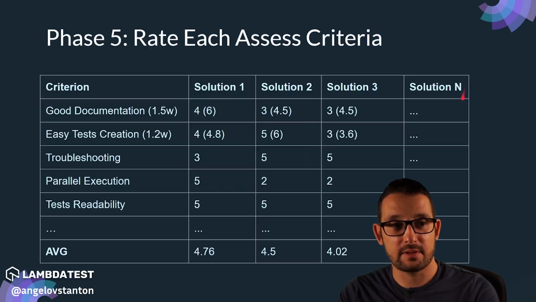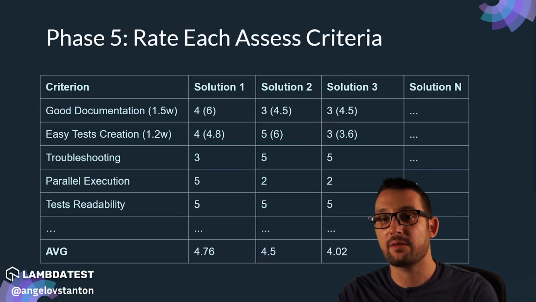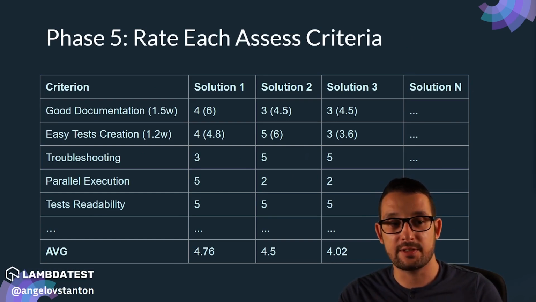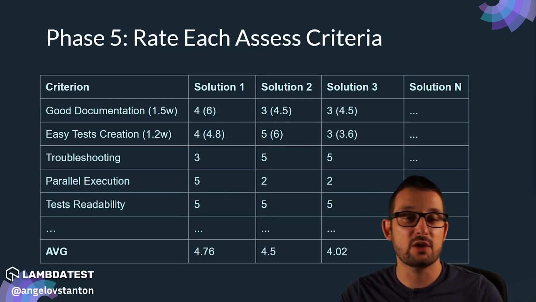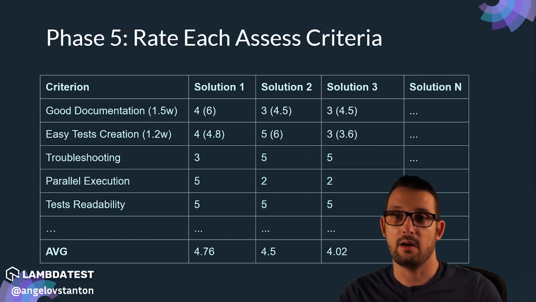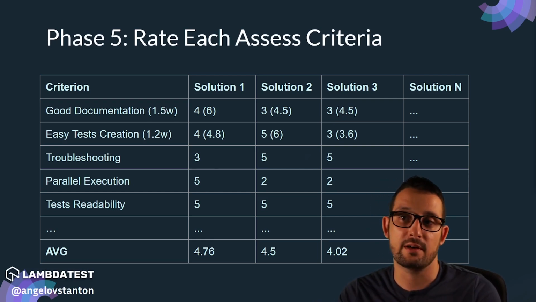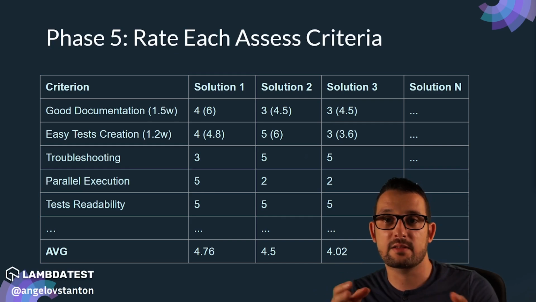After that, step 5 is to rate based on the assessment criteria, to provide a rating for each of the assessment criteria that we defined at the beginning. You can further extend the rating phase by prioritizing the different criteria and providing a weight index for them.